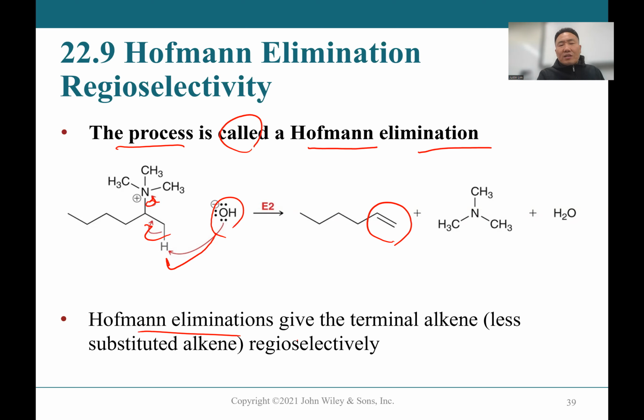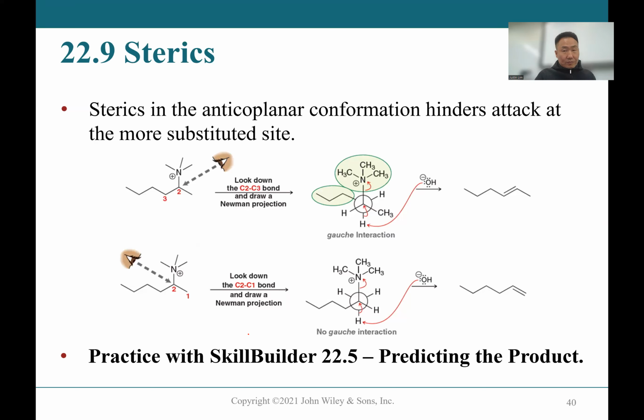Hofmann elimination gives the less substituted alkene selectively. The reason is that sterics in the anticoplanar conformation hinder attack at the most substituted site.